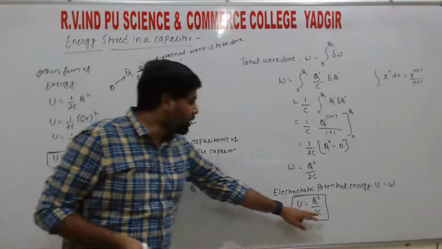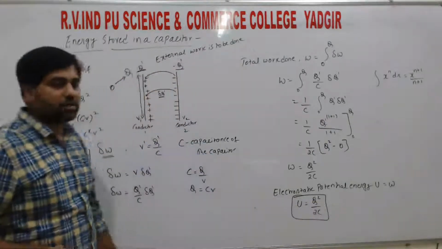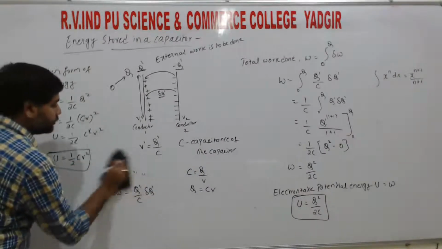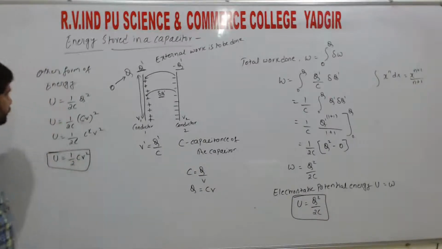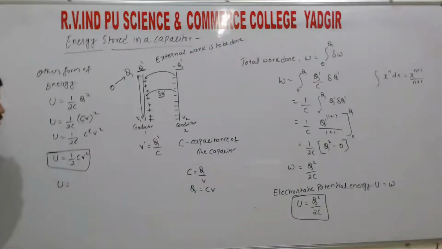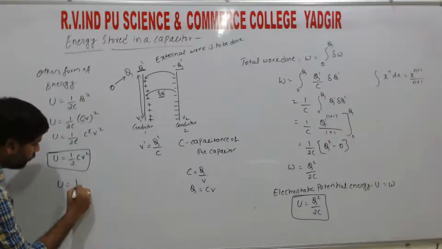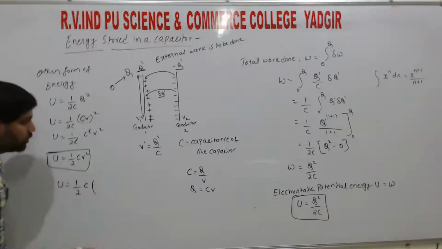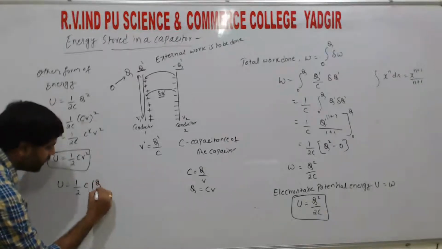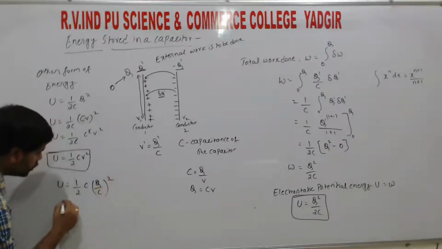So here we have capacitance and charge, right? So next, again U is equal to, by that relation, 1 by 2 C. So in place of V we can write Q by C, right? So Q by C whole square.